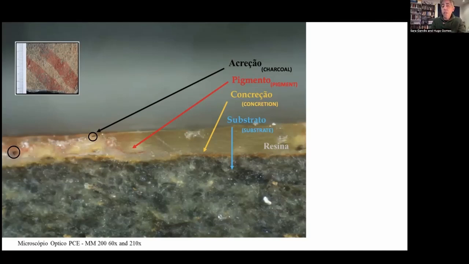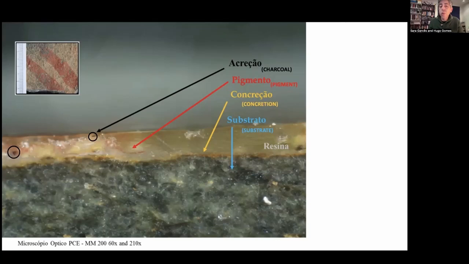And on top of this, we also recognize a new concretion line that grew after the painting was made. And the black dots that you saw in the first approach, we thought could be pieces of charcoal mixed in the pigment recipe.